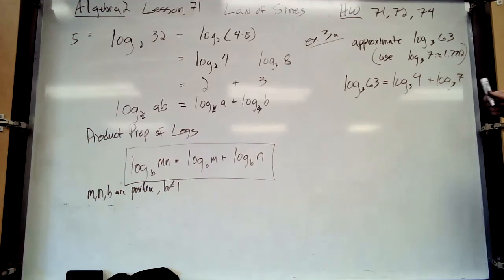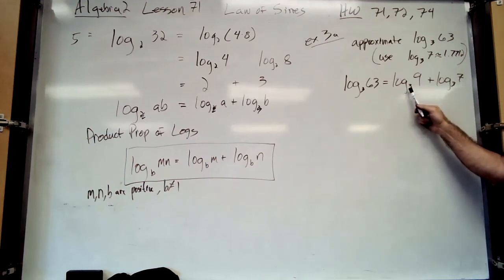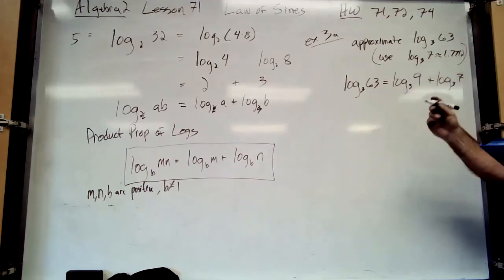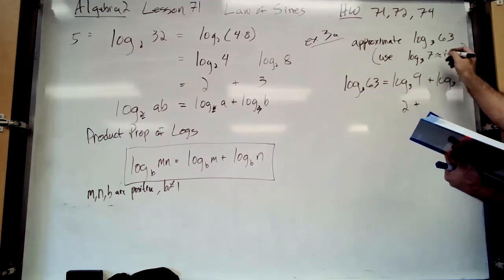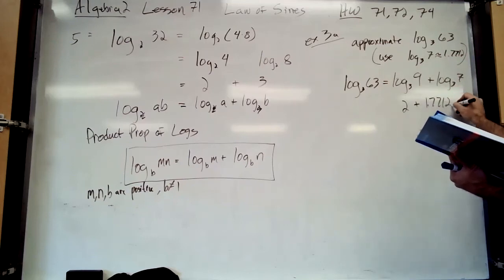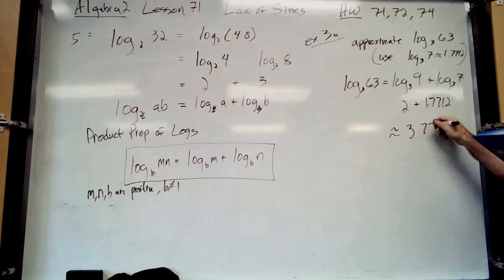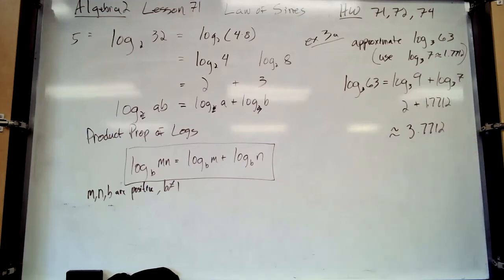The question you ask is what exponent do you apply to 3 to get 9? 3 squared. So this is 2, and this is about 1.7712. They're going to give that to you. So it's approximately 3.7712. So if one of these factors is something that you can apply an exponent to that base to get, that's nice. That makes it easy.